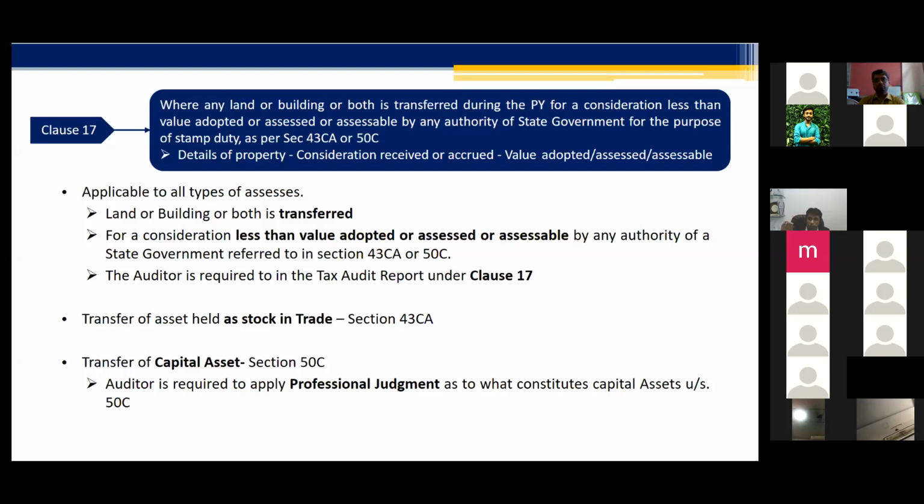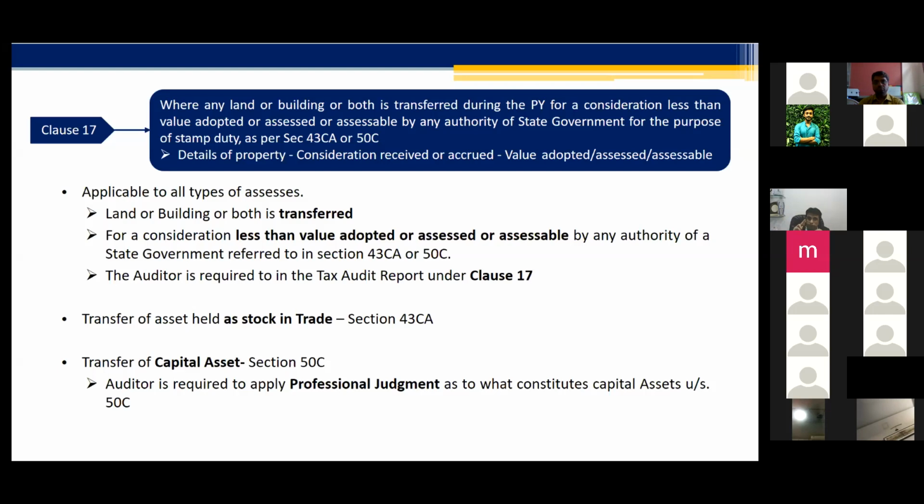It is only a right in a land or a building. Though my name is appearing in the property card, because I'm not able to transfer the possession, what I am transferring is a right in a land rather than the land. So a right in a land is different from the land itself. A right in a property is different from the property itself. And therefore, such rights are not covered by 50C.